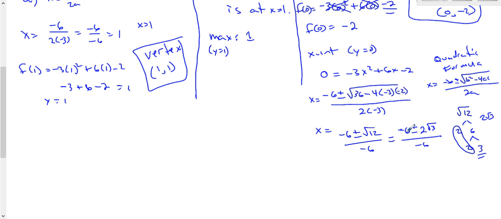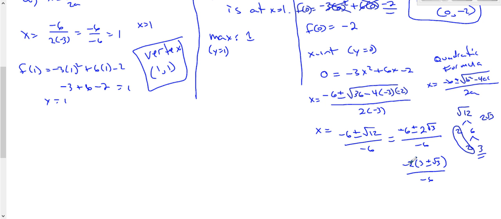Negative 6, positive 2, and negative 6 all have a common factor of 2. And since this is negative 6, I'm going to take out a negative 2. I can factor out negative 2 and be able to simplify this. So I get negative 2 times, inside, 3 plus or minus the square root of 3, over negative 6.